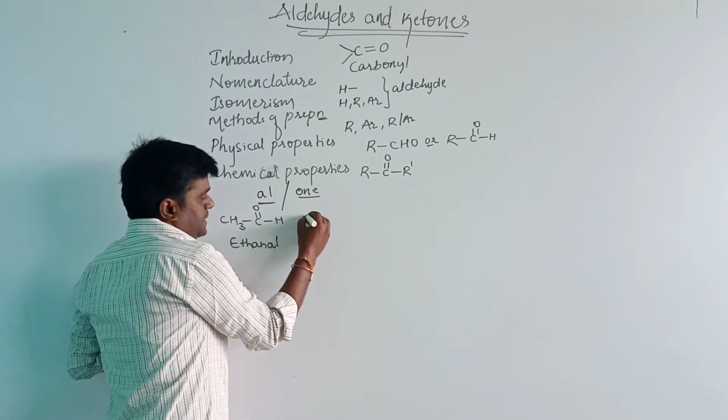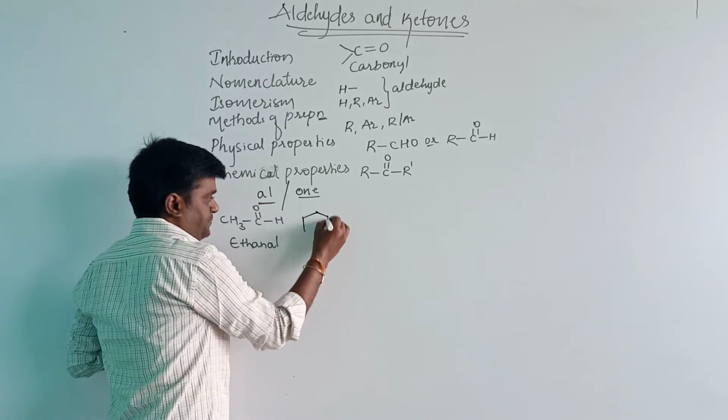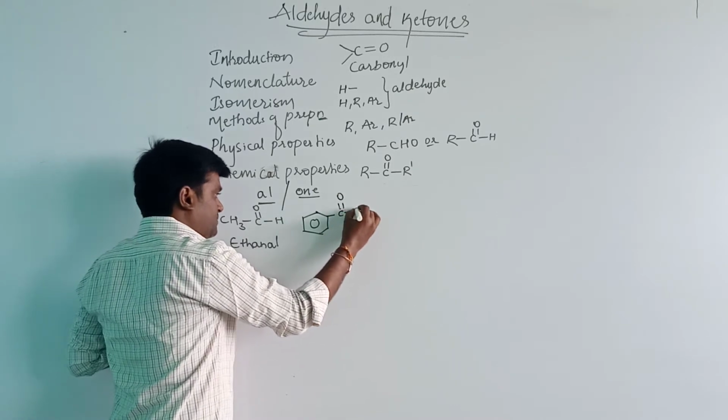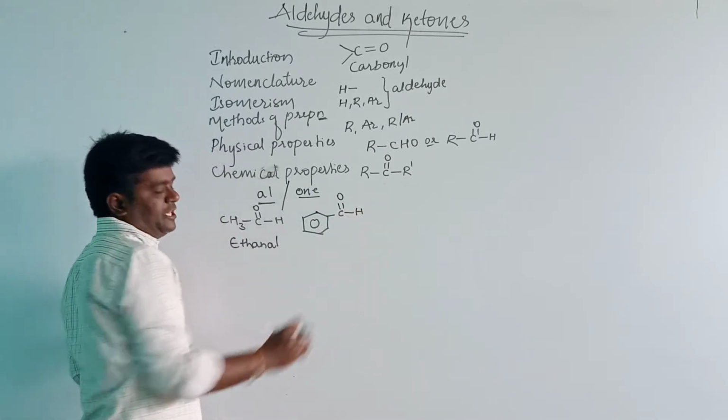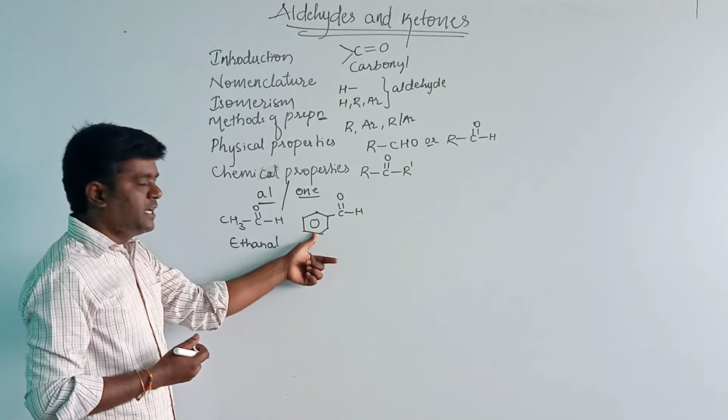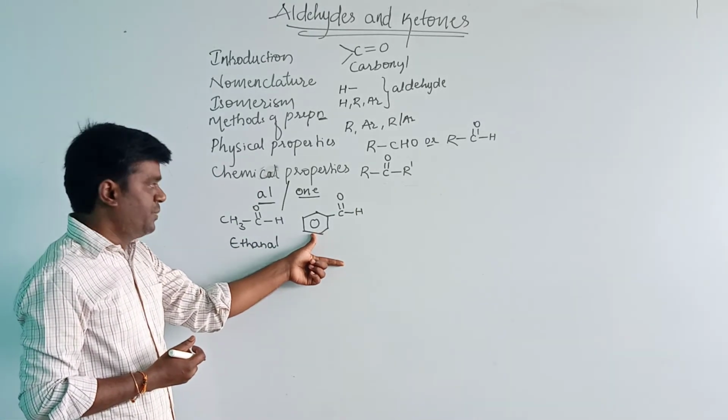The second one is benzene-C double bond O-H. One of the valencies is satisfied by hydrogen and the other valency is satisfied by the aryl group, that is aromatic compounds.